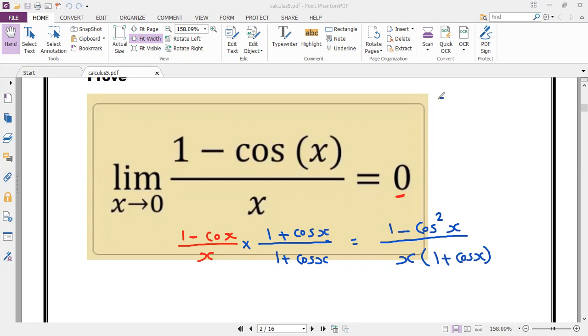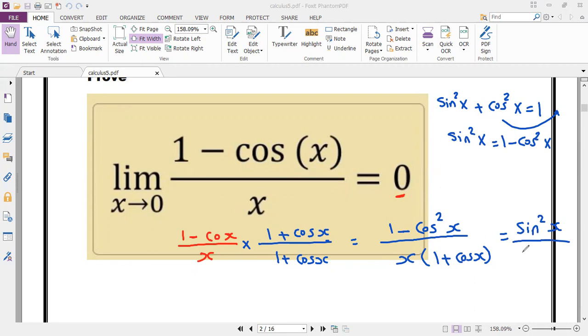As you know, sine squared x plus cosine squared x equals 1. So 1 minus cosine squared x equals what? Sine squared x. So sine squared x equals 1 minus cosine squared x. So right here, sine squared x divided by x multiplied by 1 plus cosine x.